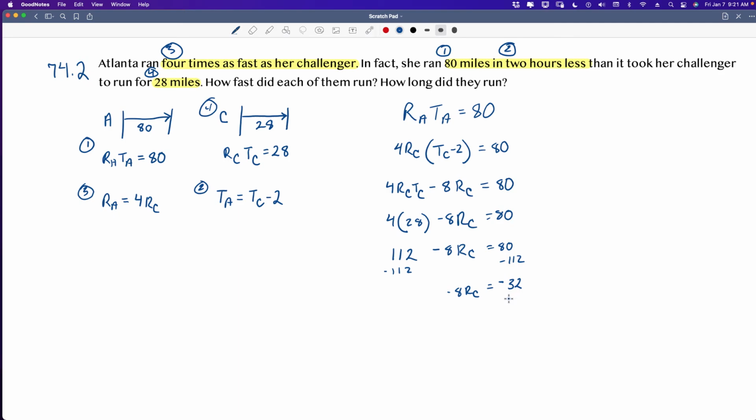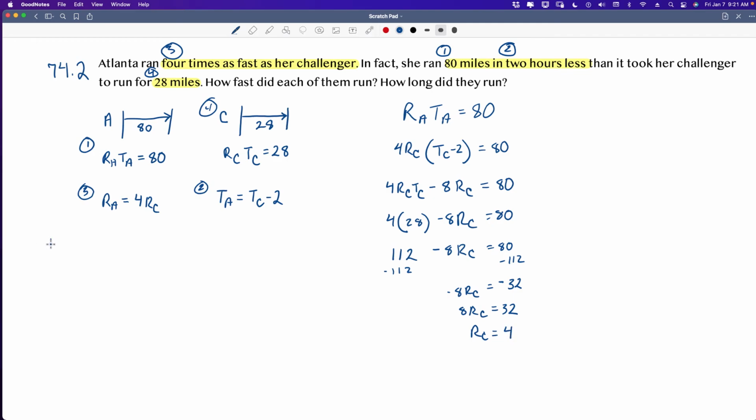Because they're both negative, I'm going to multiply both of these times a negative 1. So we get 8RC is equal to 32, because I just hate dealing with negatives. And as long as I do it to both sides, then it is fair. Now I just divide both sides by 8. I get that RC is equal to 4.